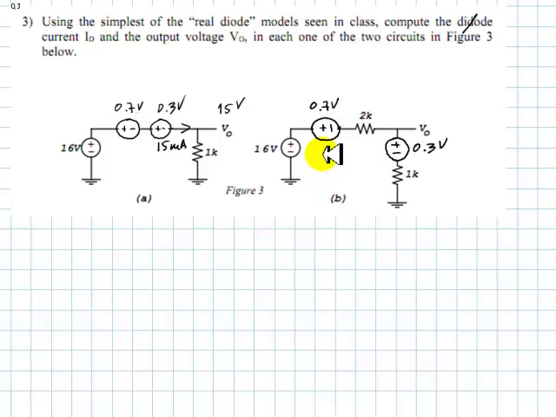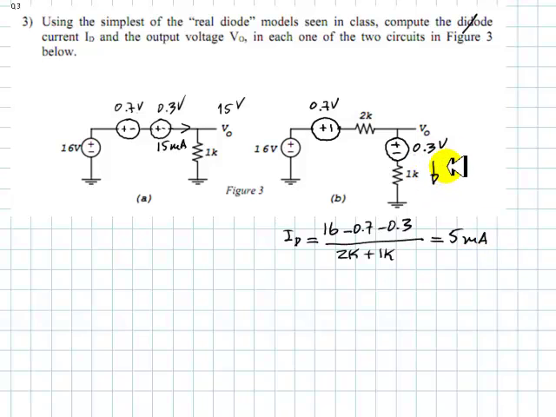Of course, the current is going to be, in this case, 16 minus 0.7 minus 0.3 divided by 2 kilos plus 1 kilo, which is 3 kilo ohms. That current in the diode is 5 milliamps.